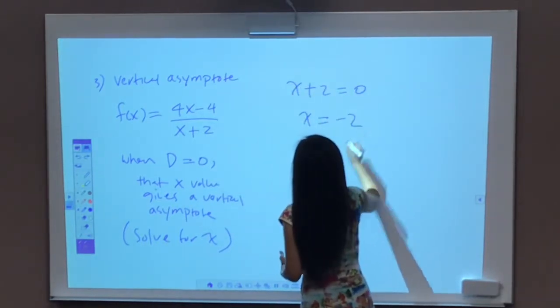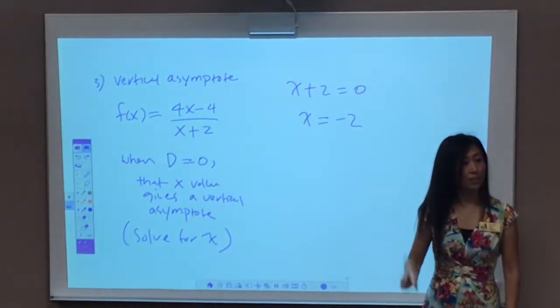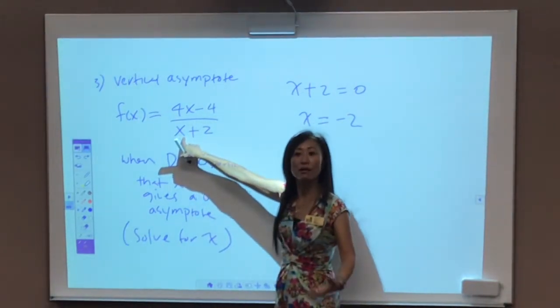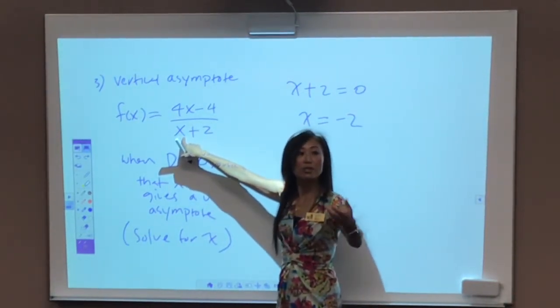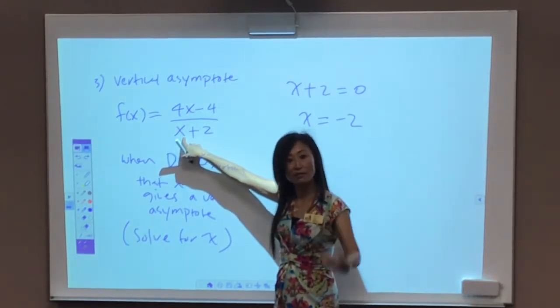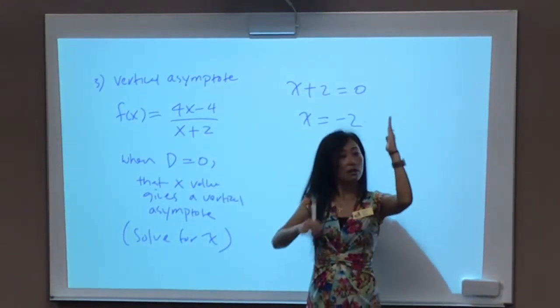Because if I plug in negative 2, what happens to your denominator? You get 0, which means something over 0 is what? Undefined. The undefined gives you what? Vertical asymptote. Is everybody with me? The vertical asymptote is the same as undefined y values, in other words.